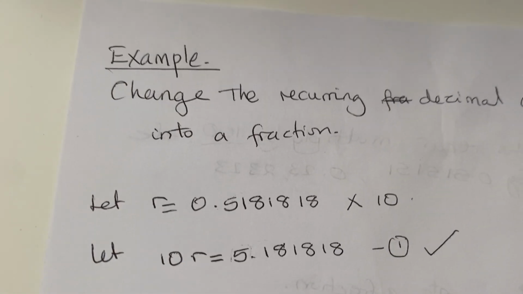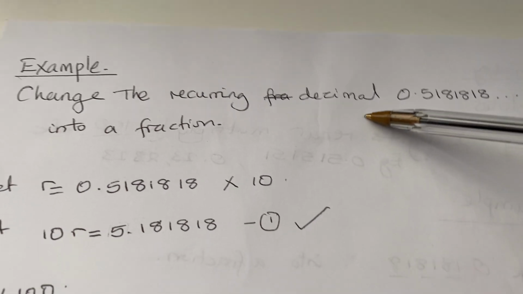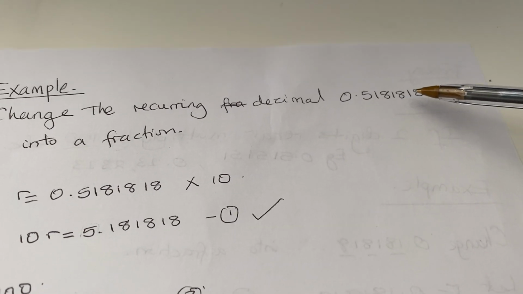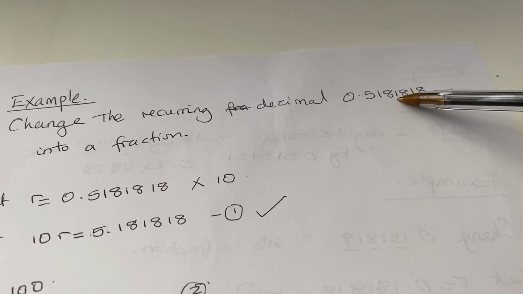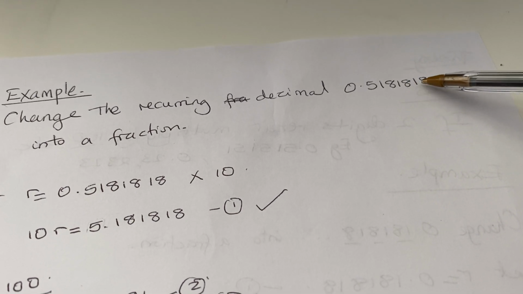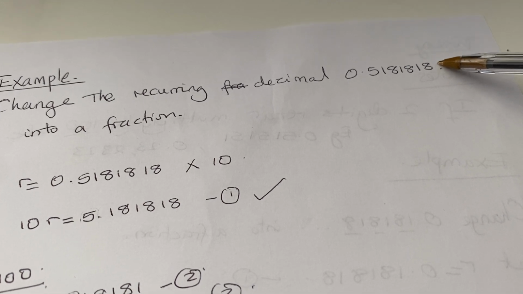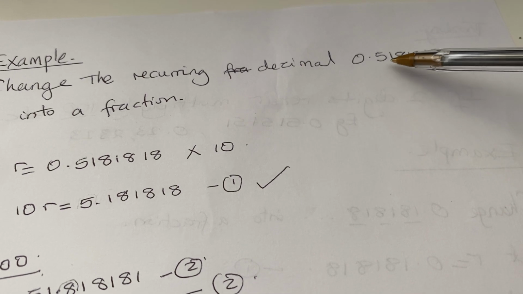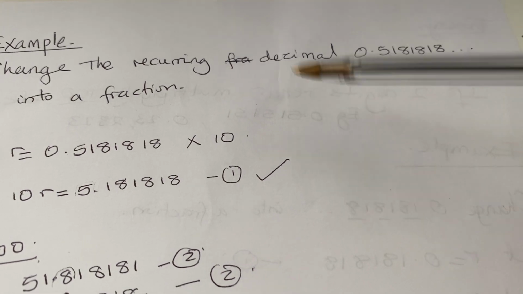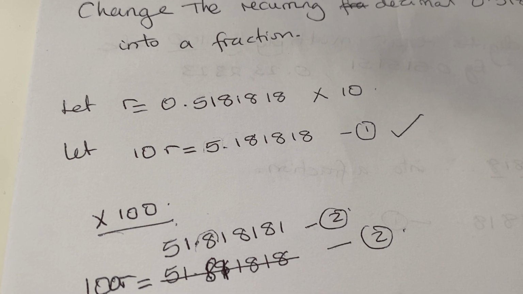Let's look at another example. Okay, now change the recurring decimal 0.5181818. Okay, so this is also recurring, so I need to change this into a fraction. So let's see how we go about it.